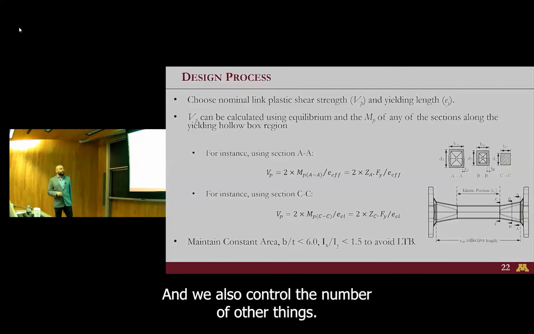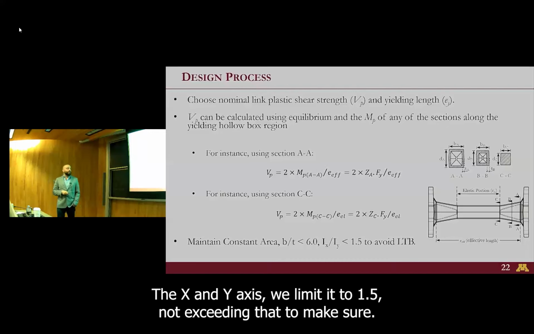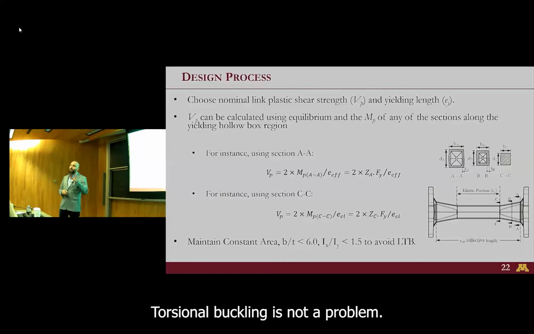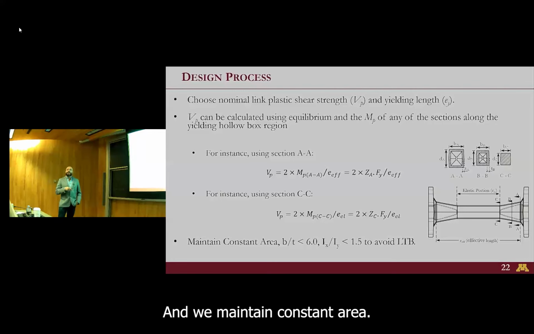And we also control a number of other things. For example, B over T, where B is the length of the flange, we put a very strict limit of 6 to make sure it doesn't buckle locally. And the moment of inertia about the X and Y axis, we limit it to 1.5, not exceeding that, to make sure lateral torsional buckling is not a problem. That's from a study by Michel Bruneau. And we maintain constant area.